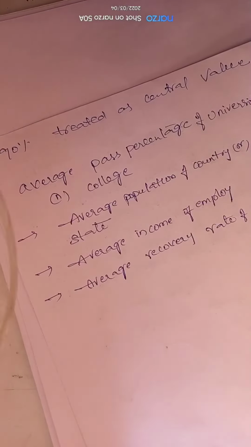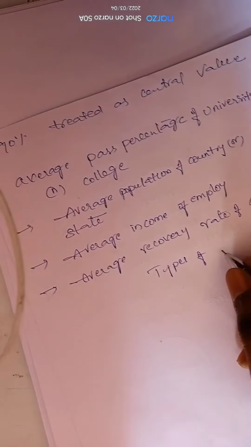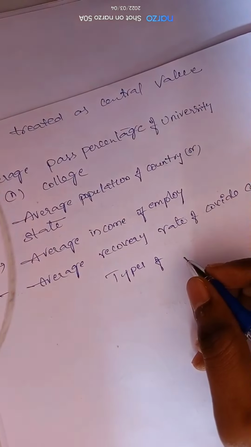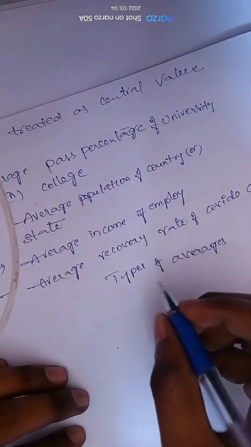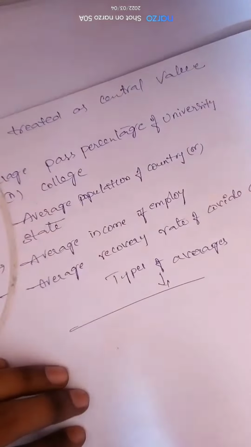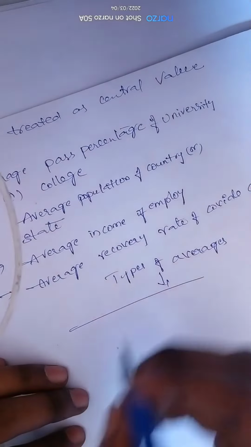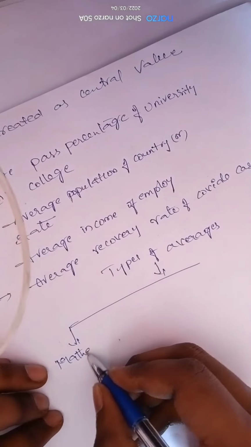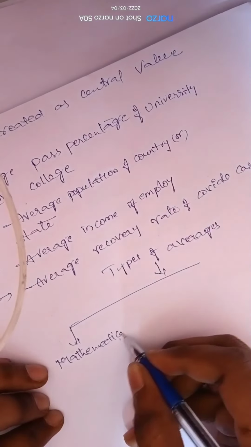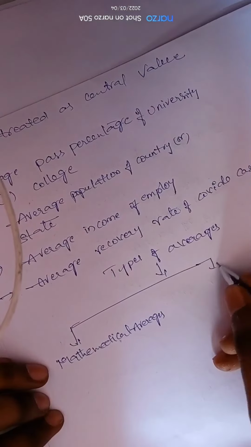These averages can be broadly classified into two types, namely mathematical averages and positional averages.